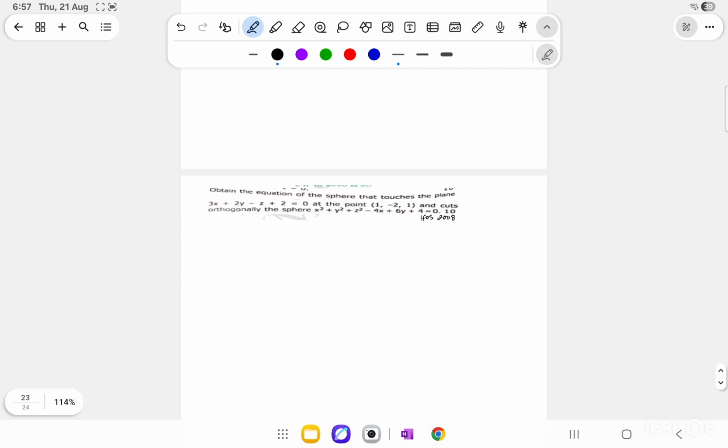So the next question is, obtain the equation of the sphere that touches this plane at this point and cuts orthogonally this sphere. So we are supposed to find the equation of the sphere. If this is my required sphere and this is the equation of the given plane, the plane touches the sphere at point P, that is 1 comma minus 2 comma 1.